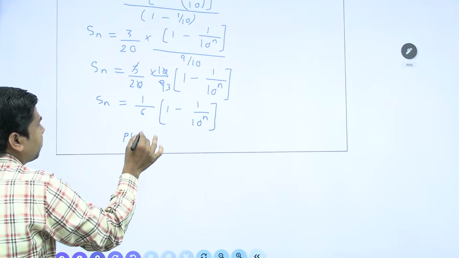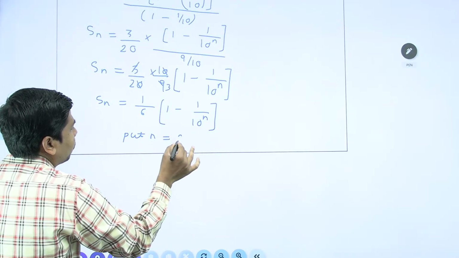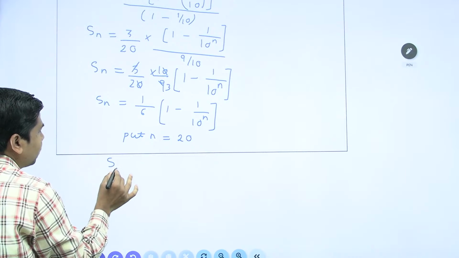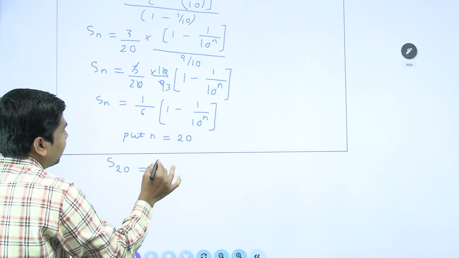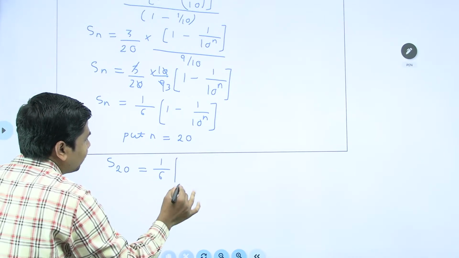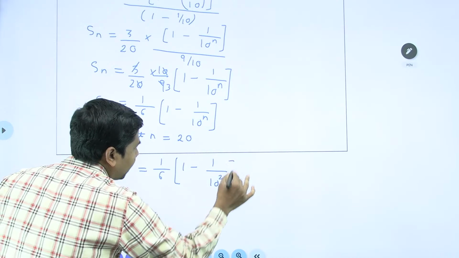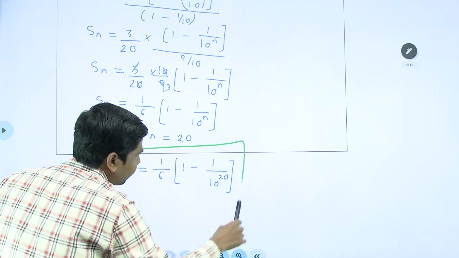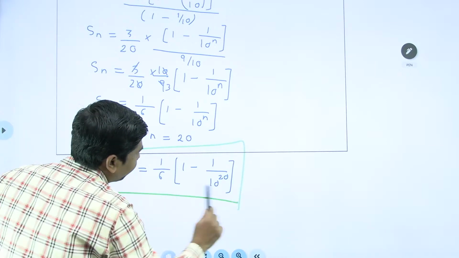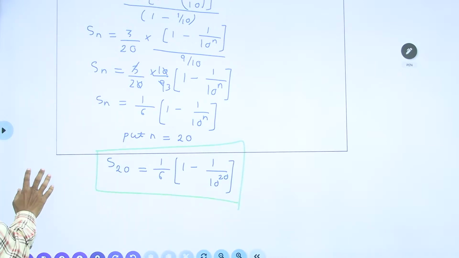So put n equal to 20. That gives the sum of the first 20 terms, S20 equal to 1 by 6 into 1 minus 1 by 10 raised to 20. So this is S20 for the given geometric progression, right?